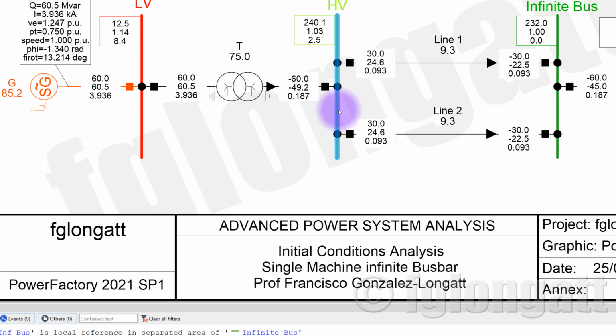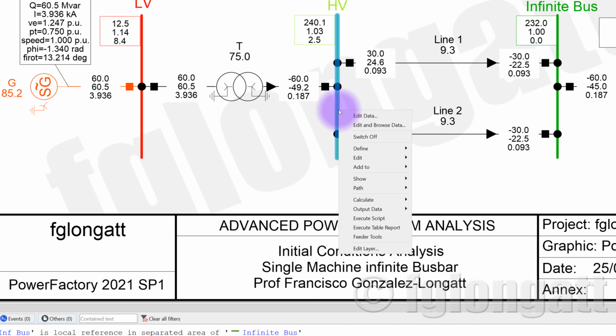You just put your pointer above the bus bar name HV and click, okay? And then press the right button. When you press the right button, you will have the possibility of defining the event that you want to define, okay?